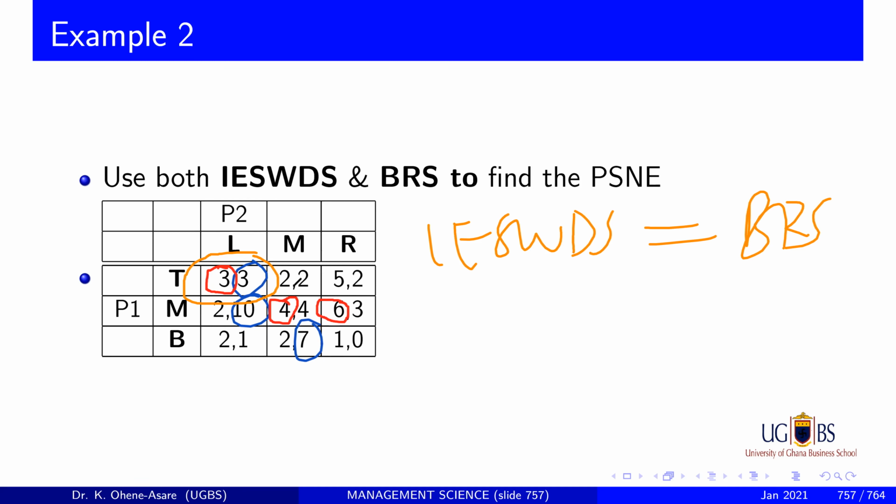Do you guys remember? I went through it with Stephen, and that taught me that I needed to go through this again. It has to lead to the same result. The iterative elimination led to 3-3. The best response will lead to 3-3.